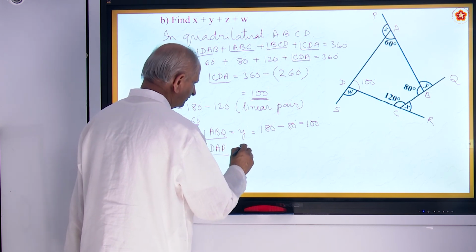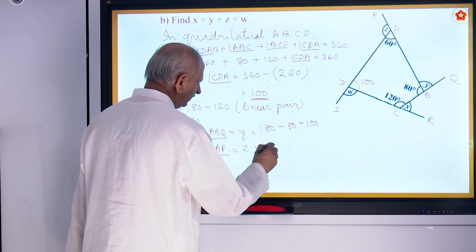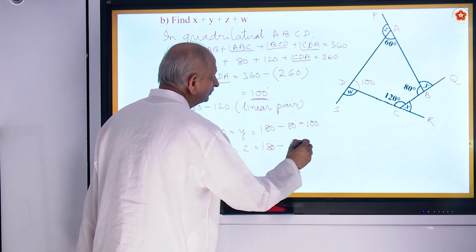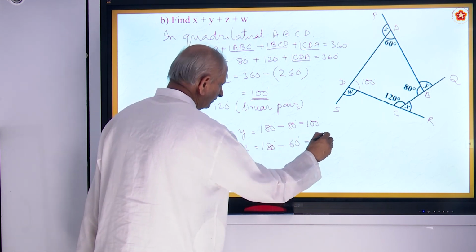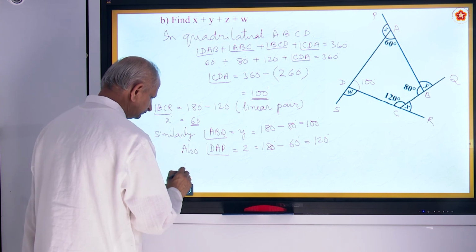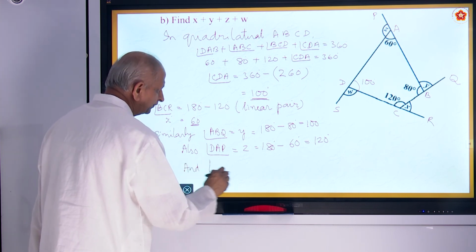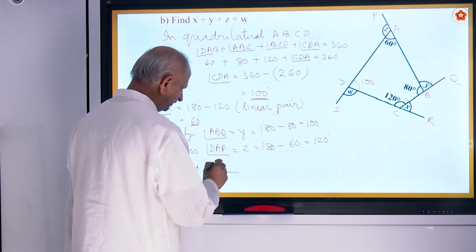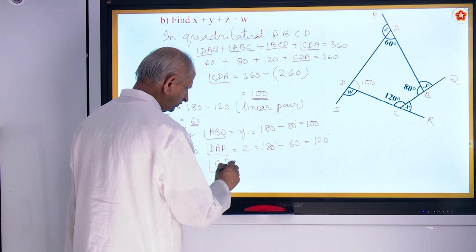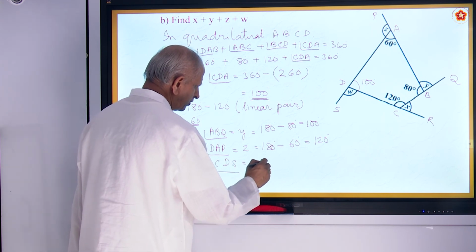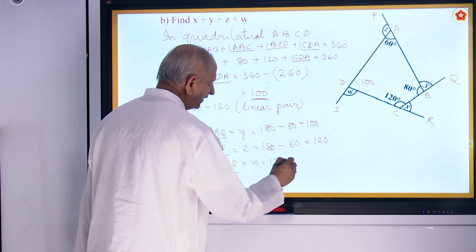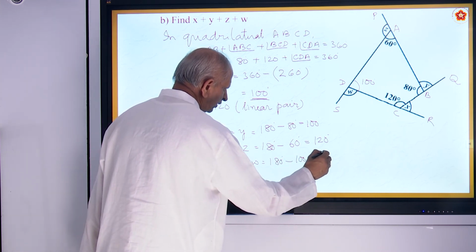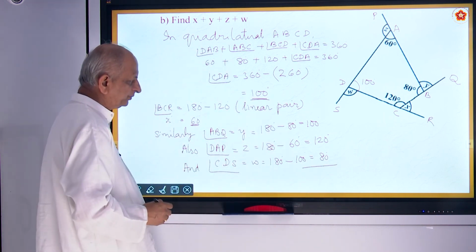DAP, also called Z, is equal to 180 minus 60, that is 120. Lastly, W, that is CDS, is equal to W, 180 minus 100, that is 80. Suppose you add all these things, how much must you get?